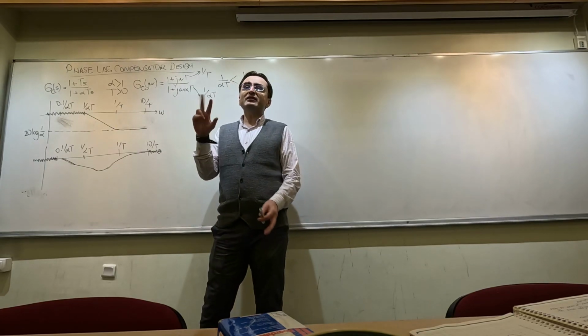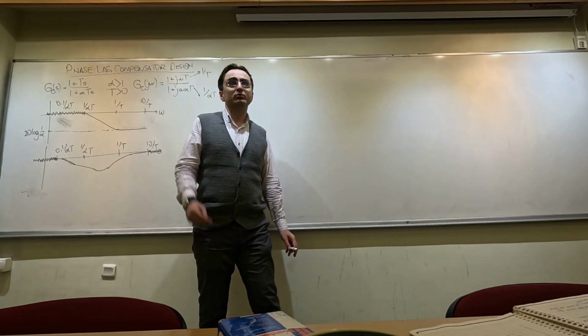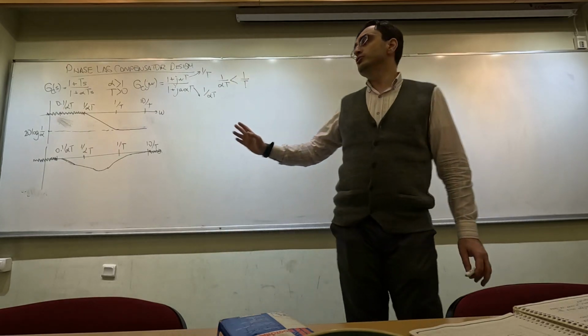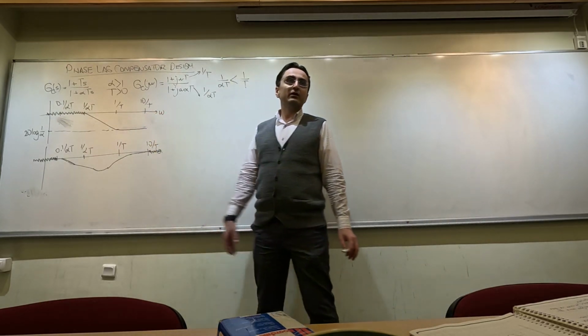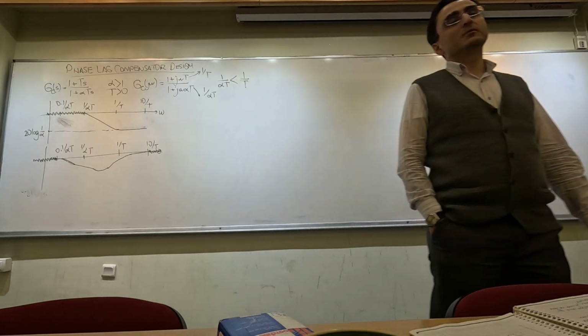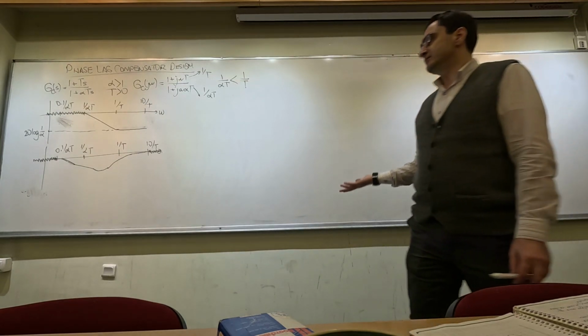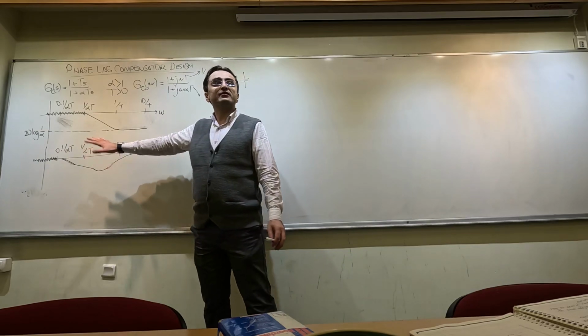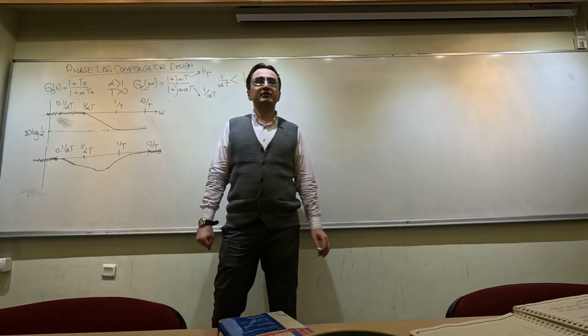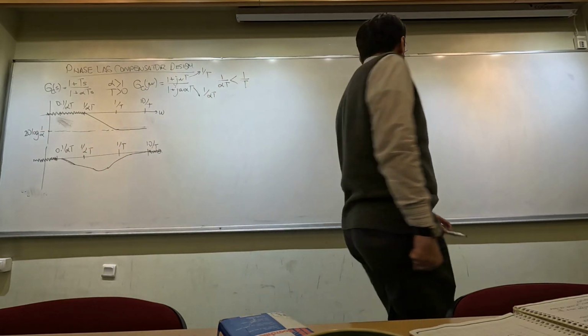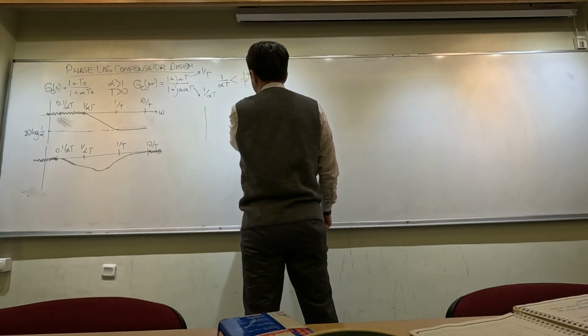In the phase lag compensator, the jobs are going to change. So we are going to use the magnitude of this thing to increase the phase margin of the system, and then phase is going to act as a side effect in phase lag compensator design.